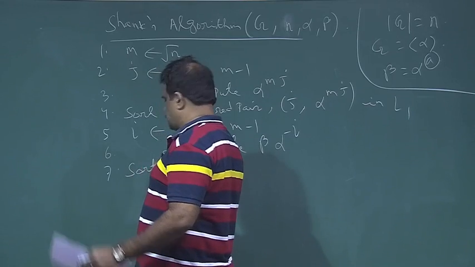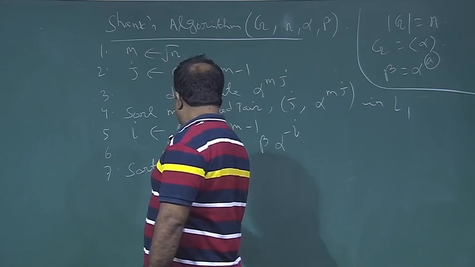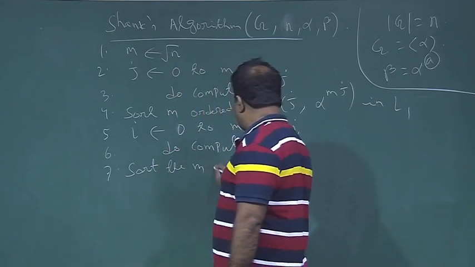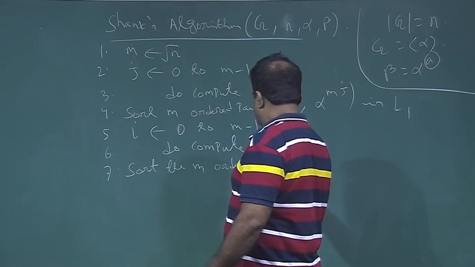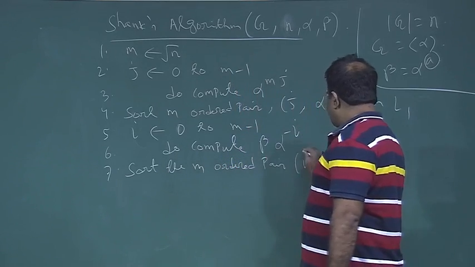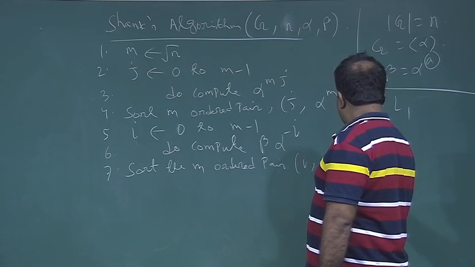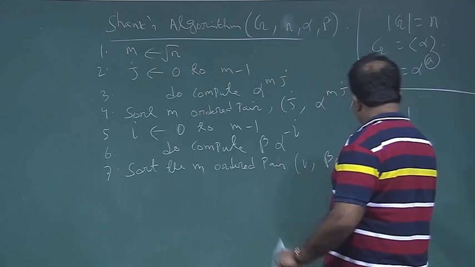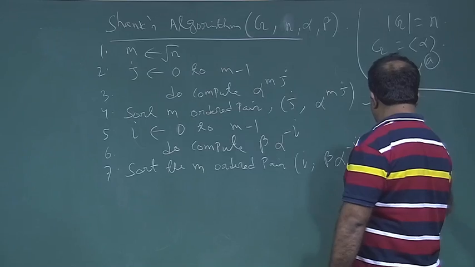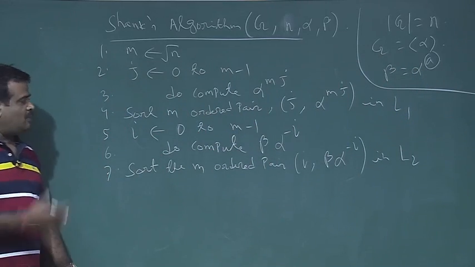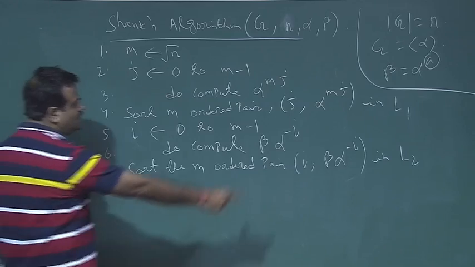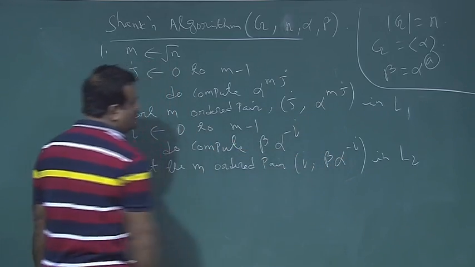We sort these m ordered pairs, i comma beta alpha to the power minus i, in L2. So, we have two lists, where we are sorting this and this.